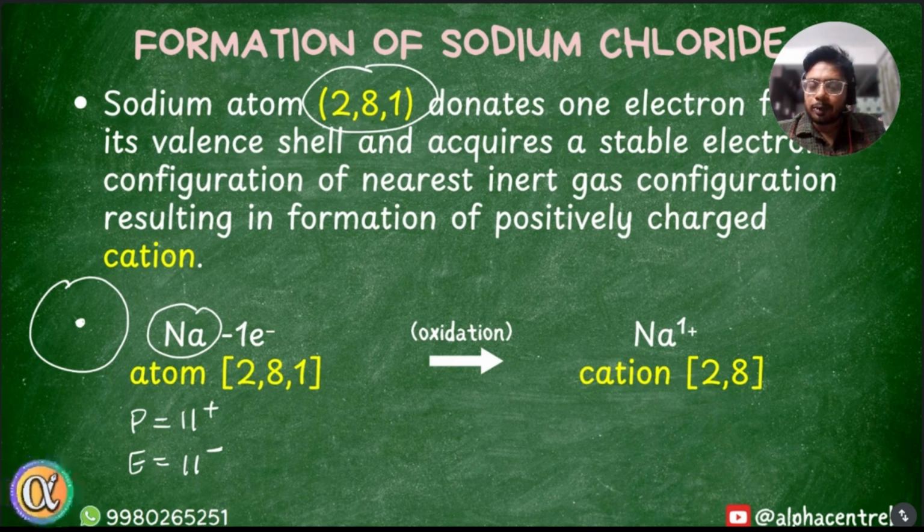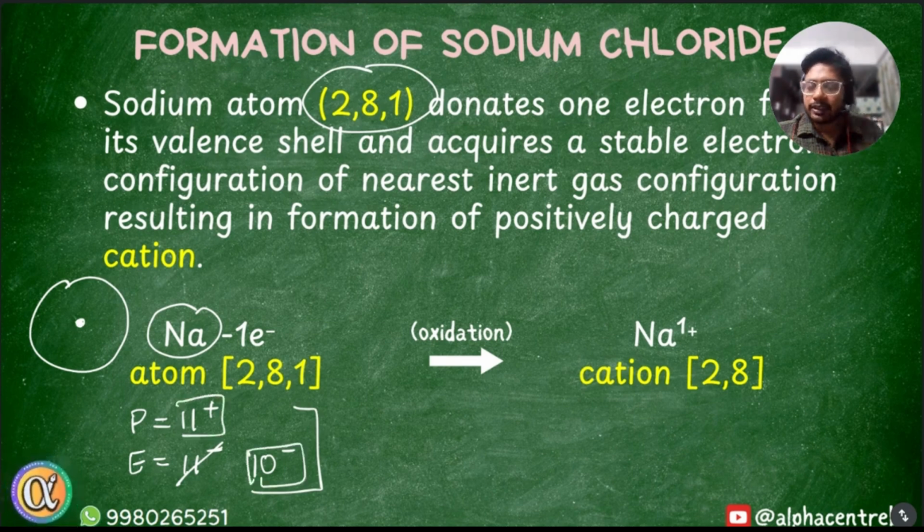But suppose sodium loses one electron, it would be left with 10 electrons then, isn't it? Now just compare this positive and negative charge and tell what is the net charge on this sodium if it loses one electron. See, it has 11 positive and 10 negative.